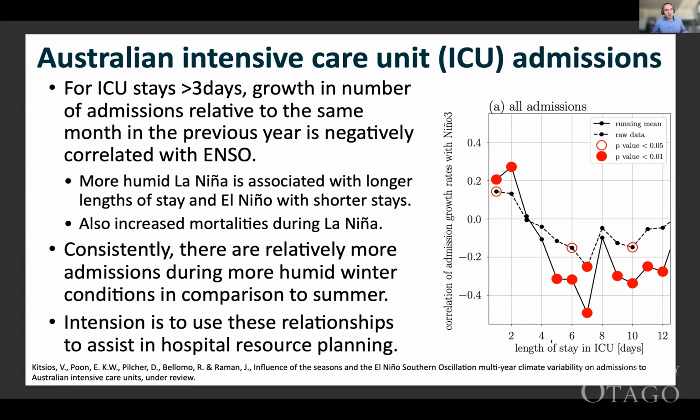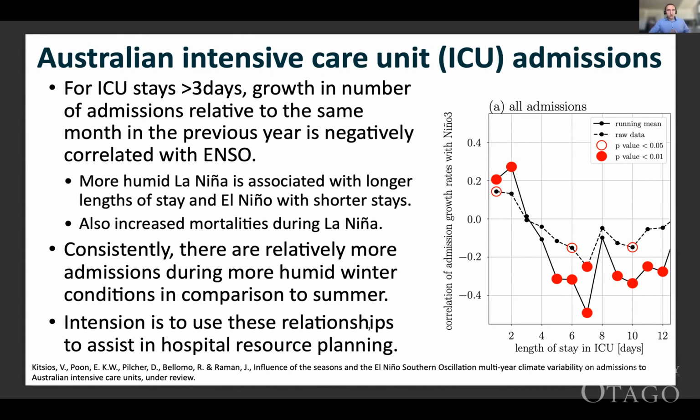And also, regardless of length of stay, mortalities are higher across the board during La Nina. And bearing in mind, La Nina is a more humid period in Australia. And this is also consistent with there being more mortalities and more admissions during winter in Australia as well. And there's also a growing body of literature in the medical journals concerning the influence of humidity on mortality, lung function, and a whole bunch of other conditions.